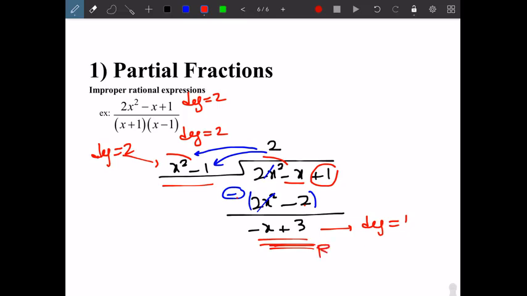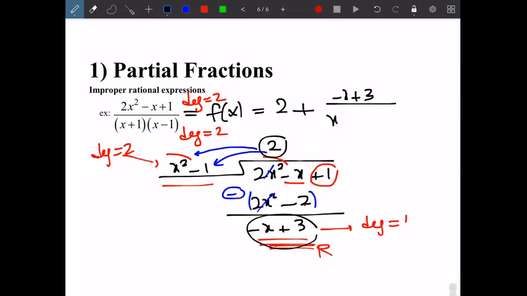Okay, so now if I were to call this f of x, how would I write f of x? f of x is the quotient 2 plus the remainder, negative x plus 3, divided by the divisor. So f of x, which is 2x squared minus x plus 1 divided by x squared minus 1, is our quotient plus the remainder over the divisor.